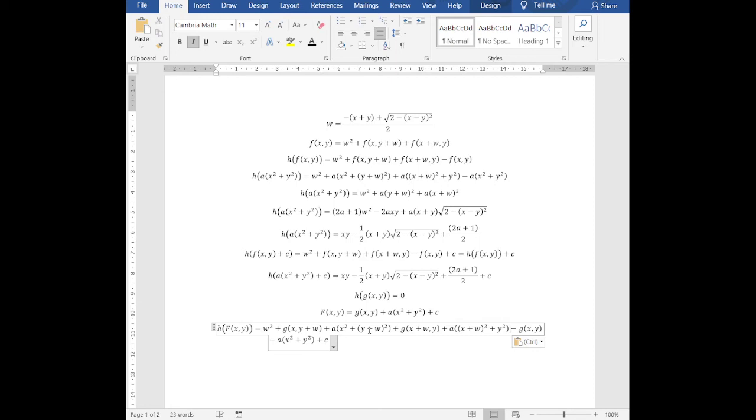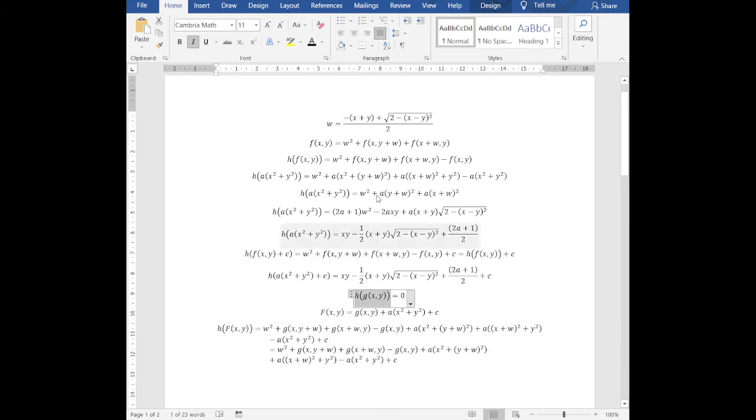But I can now group some of the following terms together. I can group these terms together. I can group this term with them, and I can note that this is equal to itself, but that first term, by the definition of the h function, is going to be equal to this.